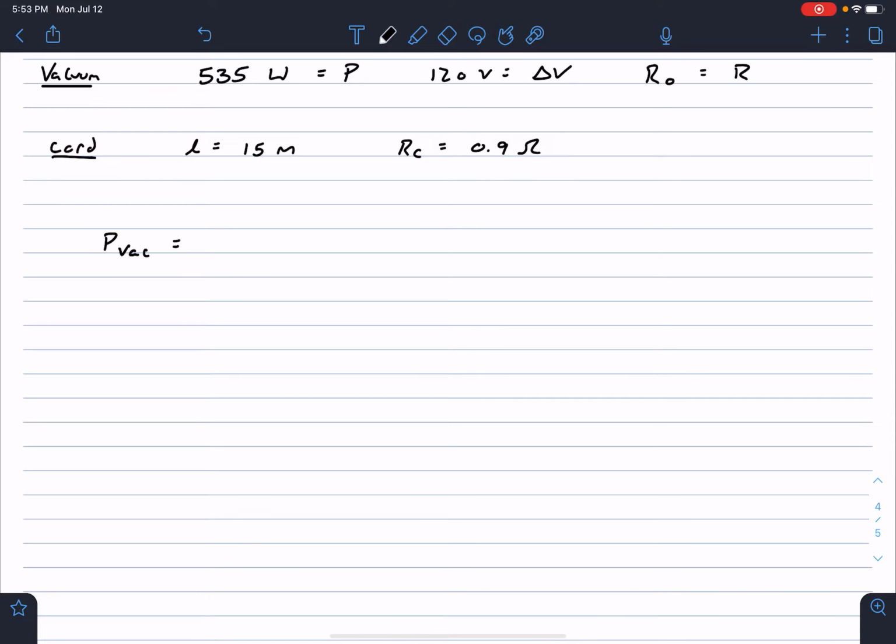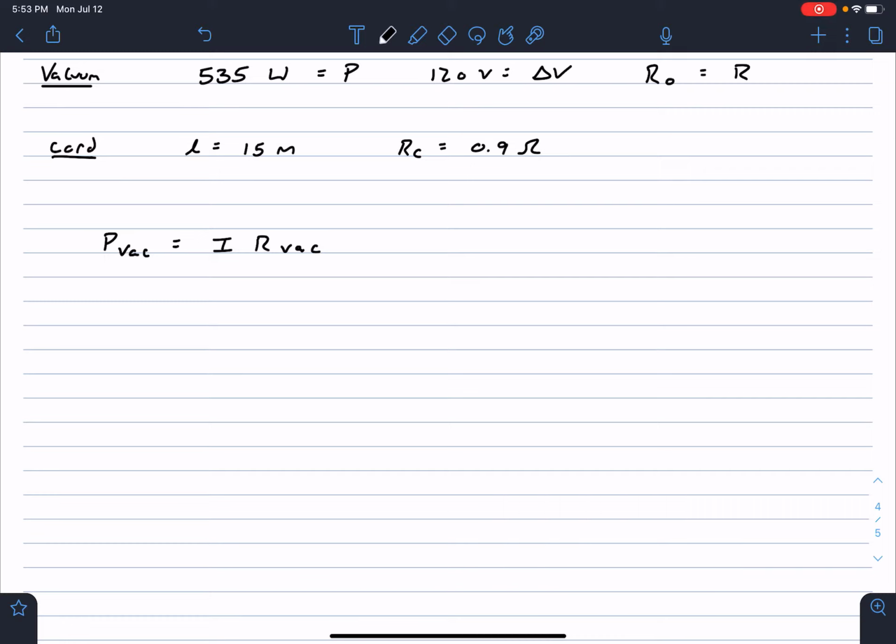So what this is going to be is power is equal to, what do we have? Let's double check this. We had I, R of the vacuum, the resistance of the vacuum, the total current, right? And I think it might be squared.